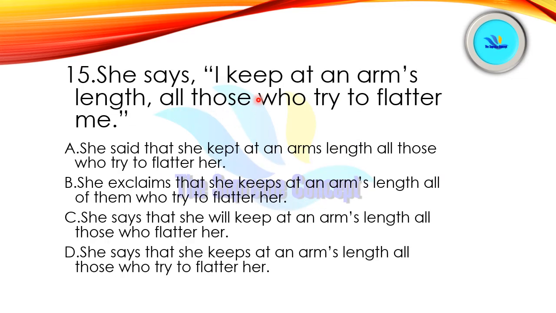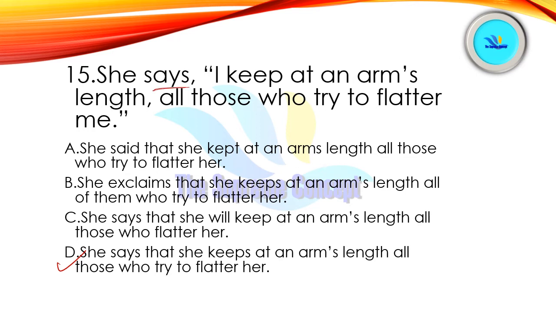She says, I keep at an arm's length all those who try to flatter me. So find out your answer. Alright, option number D is correct here. She says that she keeps at an arm's length all those who try to flatter her. Here the reporting verb is says, it is in simple present.